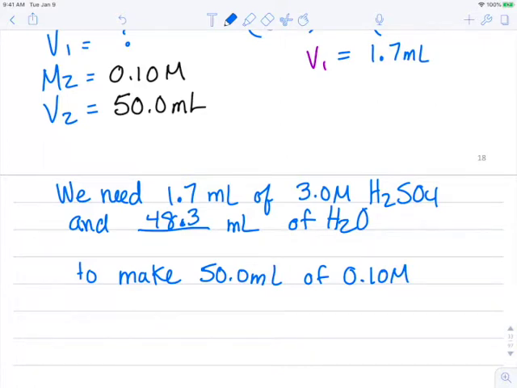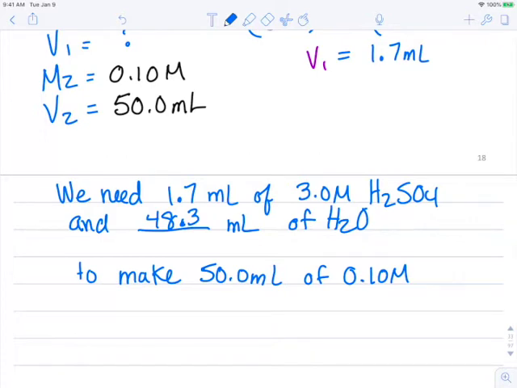All right, so questions on anything that we did here when we broke it down and figured out how much water to add? There will be a lab not too long from now where we are going to ask you to prepare a solution, and you're going to have to figure out not only how much of the original solution, but also how much water you need to add to create your new solution. So always be aware that M1V1 gives you what you need of the solution, but you can find the water by subtraction.